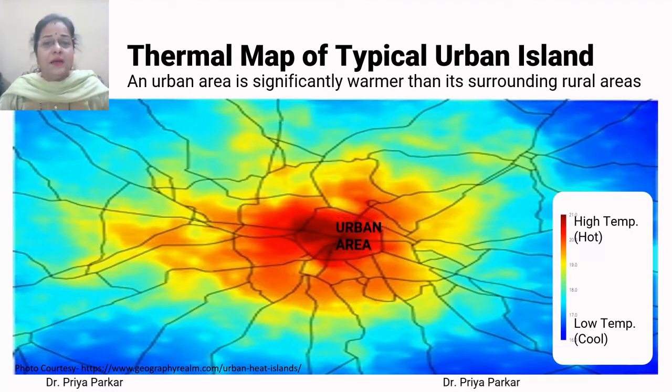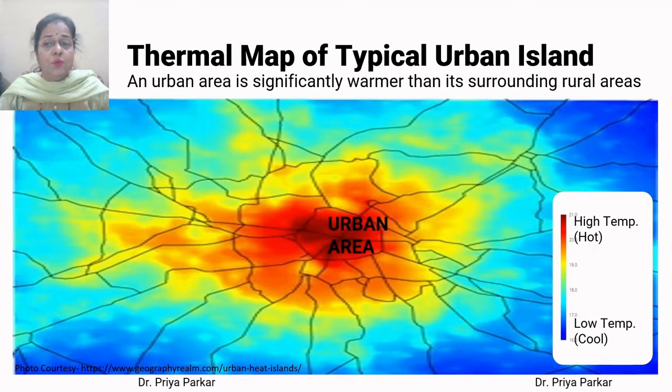The urban area is shown by red color, which represents high temperature. As gradually we move away from the urban areas towards the rural areas, the temperature declines. This is respectively shown by brown and yellow colors.